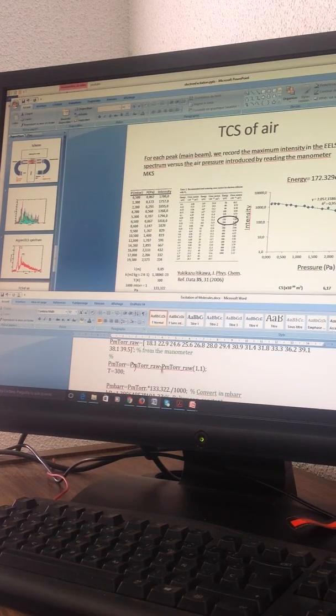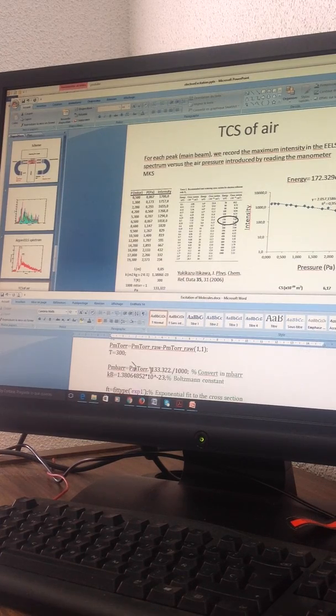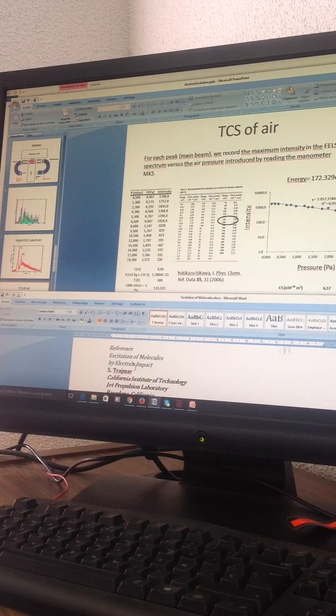Here you have the pressure, which you convert to Pascal, millibar exactly, and then you feed your data, you put in the coefficient component, and finally you get your data.